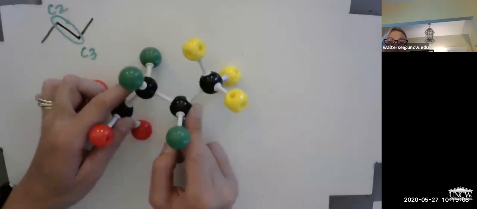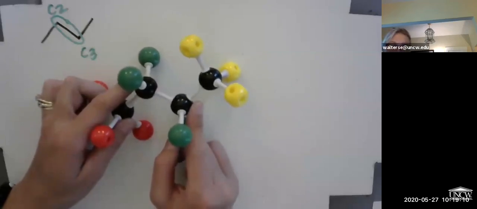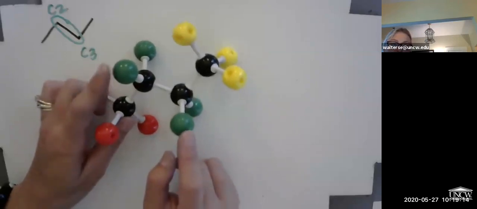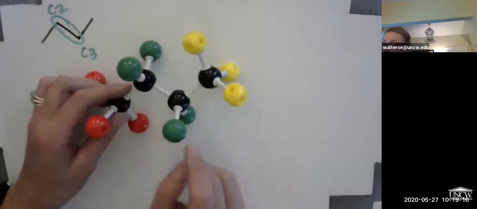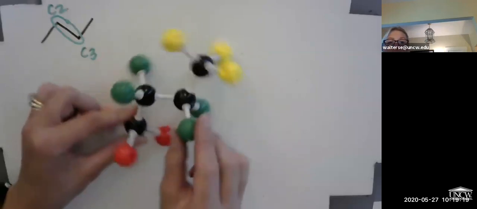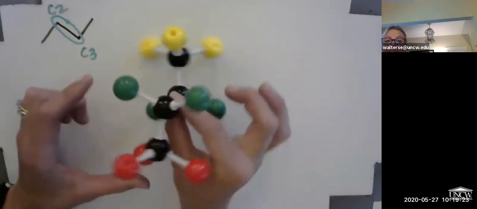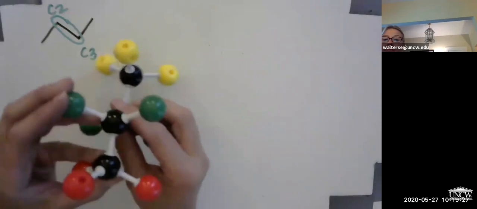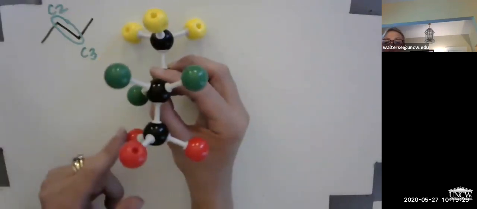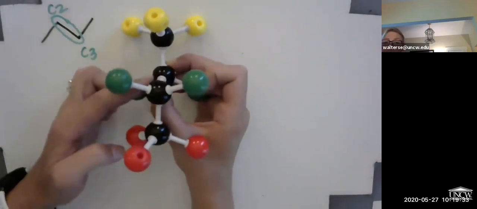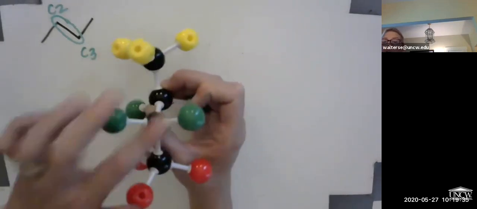So the only hydrogens that are going to be on the Newman projection are going to be these green ones. So we'd have to move it like this so that these are in the same plane and then turn it. So this is carbon 1 with the red, 2, 3, 4.